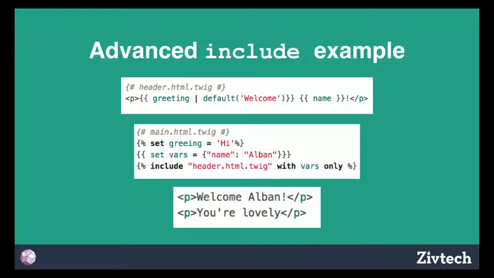Now you might say, wait a minute, but you defined hi. Why doesn't it say hi Alvin? Why is it still using the default? Because of that word, because with vars only means that rather than the normal behavior of including the template and having all the variables in the parent flow into the child that you're including, with vars only allows you to define what you want to hand in, so that you could have the same variable name with a different value in the template you're including than the one that you have in the parent.